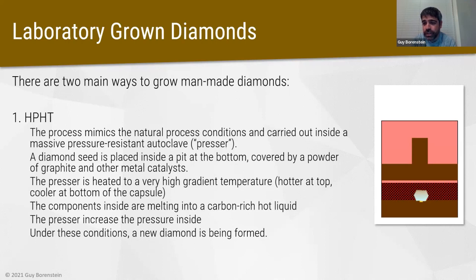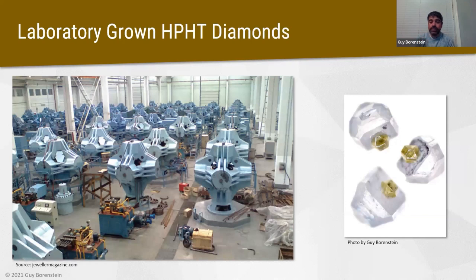Now, this process is very fast. We are talking about growing a 1 carat rough in 24 hours. On the left, you can see a factory in China showing you these pressers.